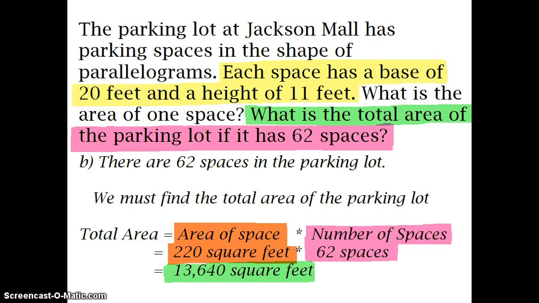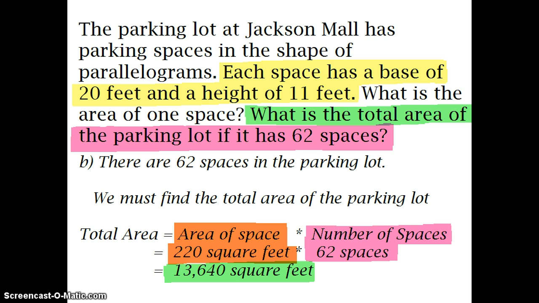We learned just a few seconds ago that the area of one space is 220 square feet, and also we know that there are 62 spaces in the parking lot. When we multiply 220 square feet times 62 spaces, the total area for the Jackson Mall parking lot is 13,640 square feet.